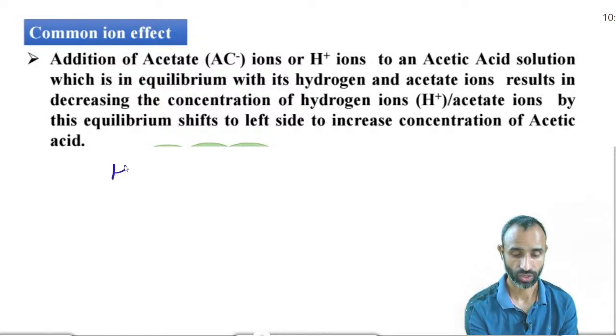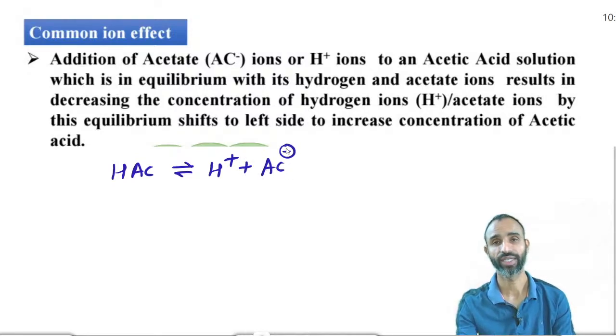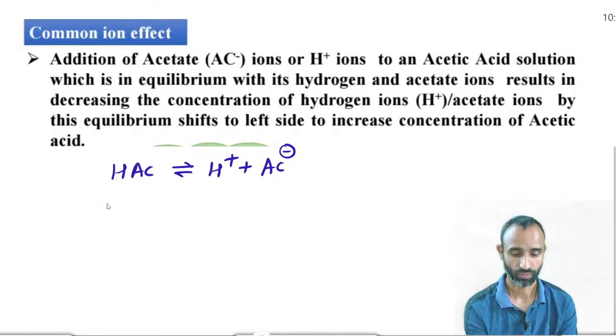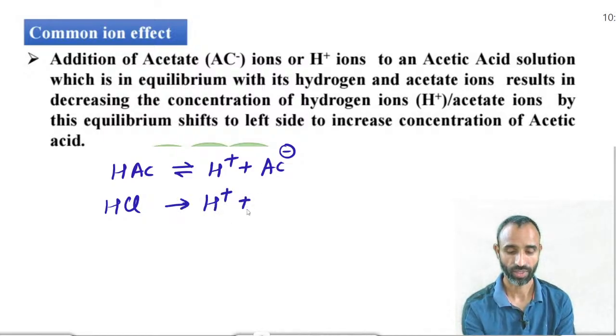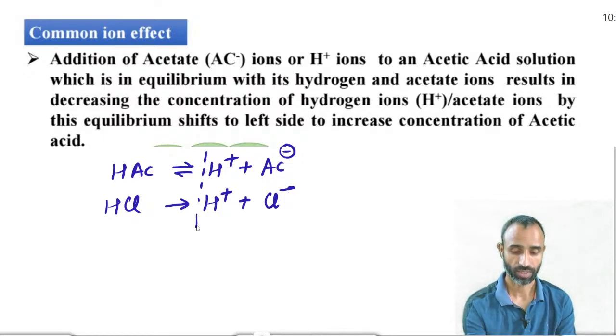See, HAc, so it is in equilibrium. Let us say we add HCl to it. Already we have acetic acid and we add HCl. HCl is a strong acid, so it will give H+ and Cl-. So this H+ ion is now common.